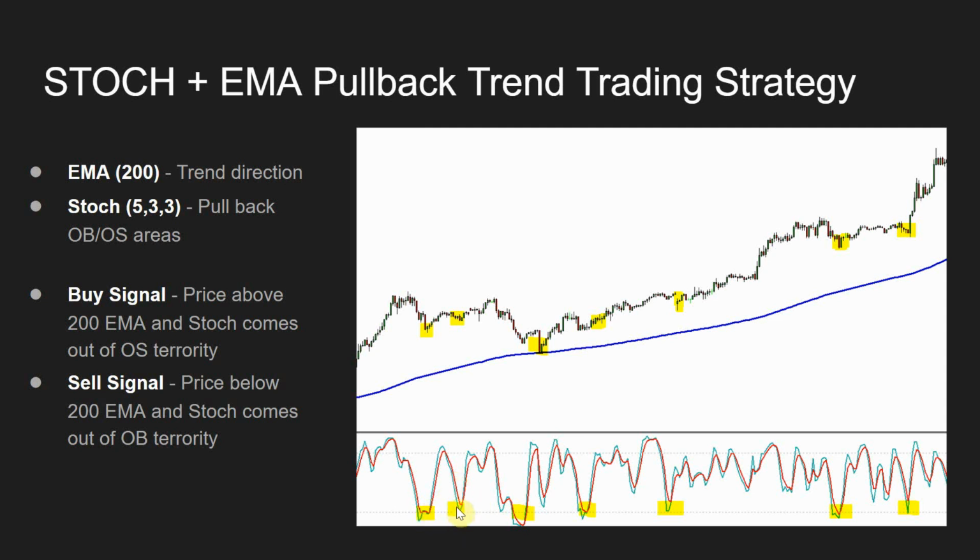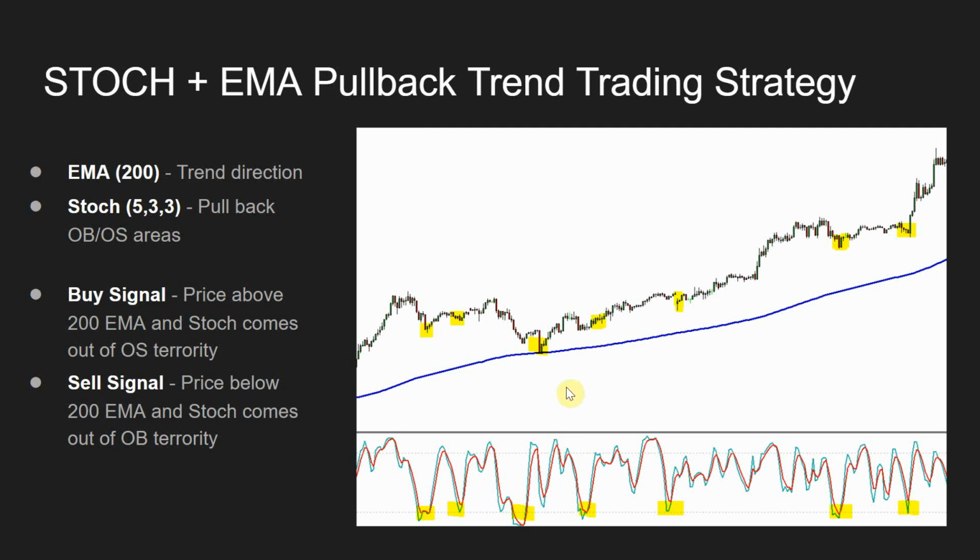So every time the stochastic indicator dips into the 20 and then comes back out again, the strategy is to take a buy signal in this case, and then have your own risk management according to your trading methodology. And the exact opposite is applicable for a sell signal.